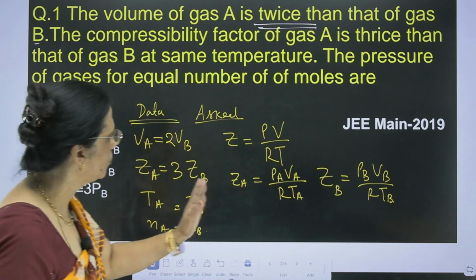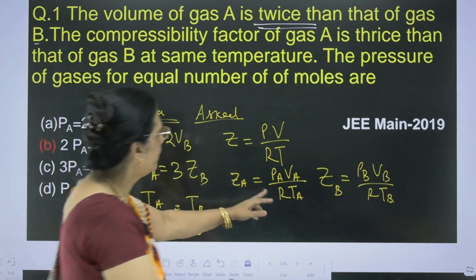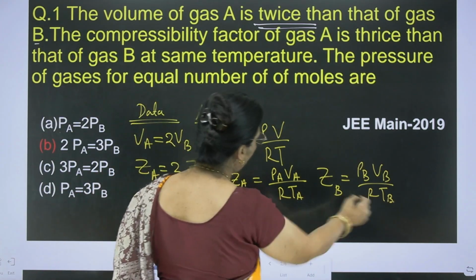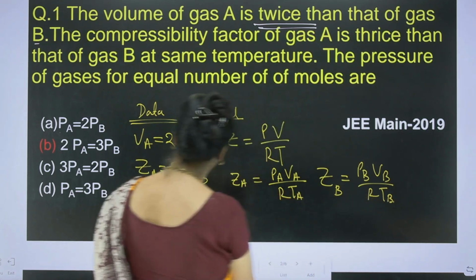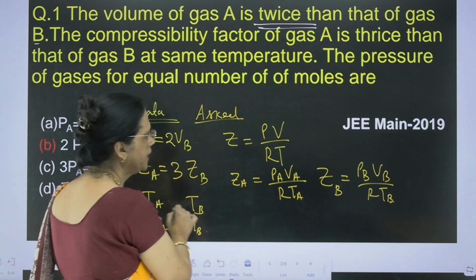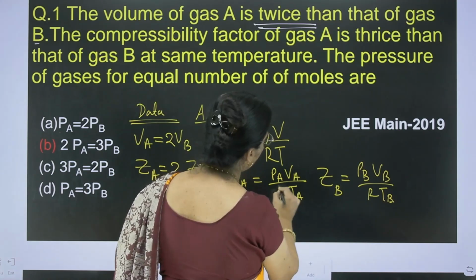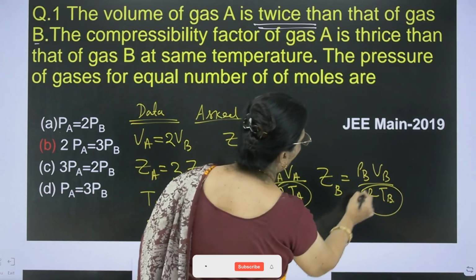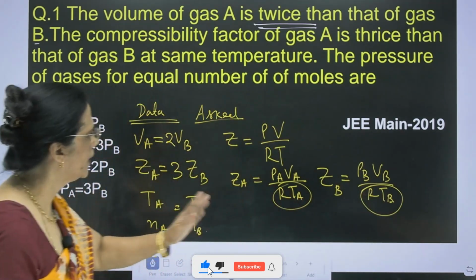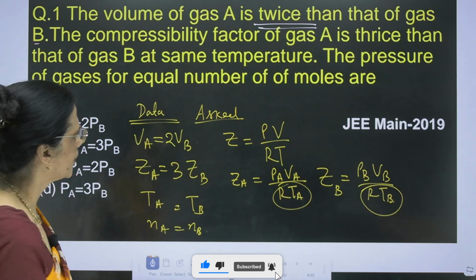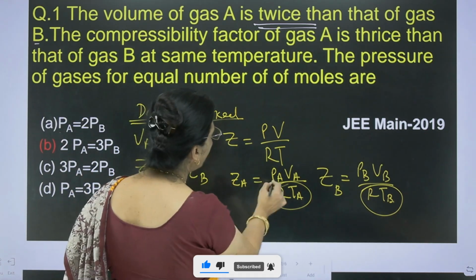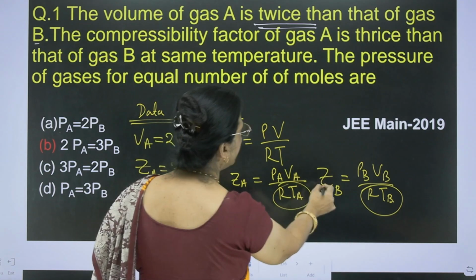In these two expressions, R is the same for both, and since TA and TB are the same, temperature is the same. So these factors will be the same and we need not take them into account in our calculation.